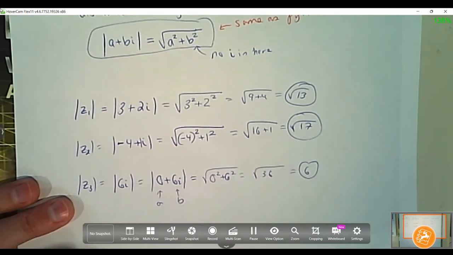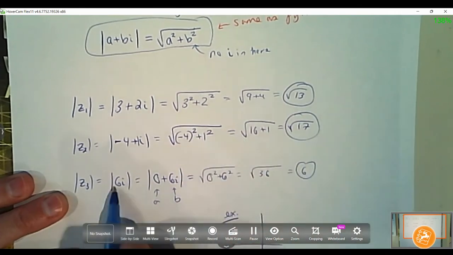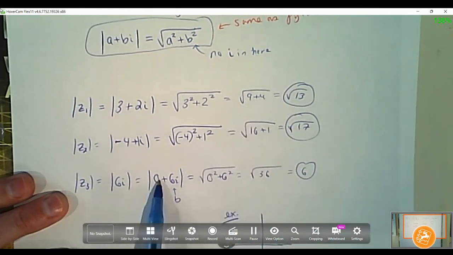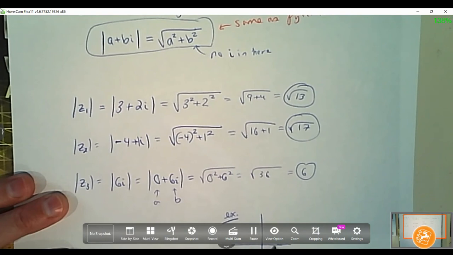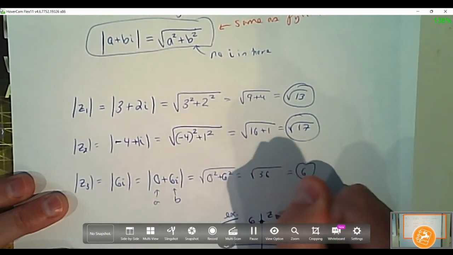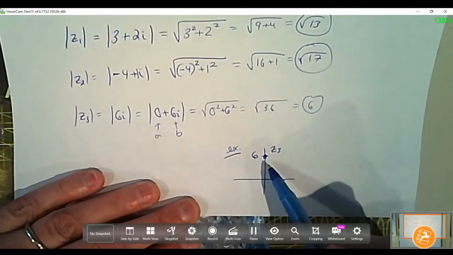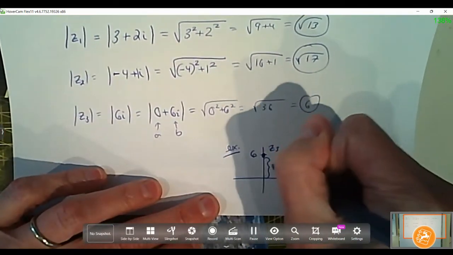But what I want to show you is that for an example like this, if we think about how we plotted that 6i, do you remember we didn't go at all on the real axis, move left or right at all? We just went up to 6. Since that point, z sub 3, was on an axis, we don't need a formula to find that distance. We can just count.